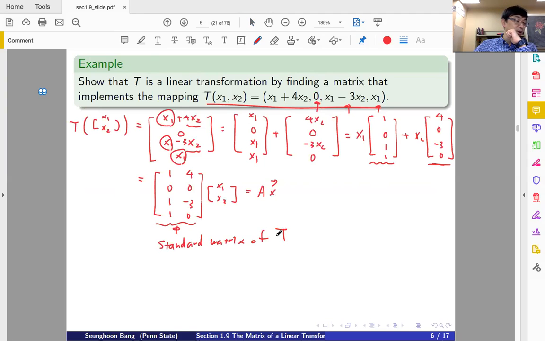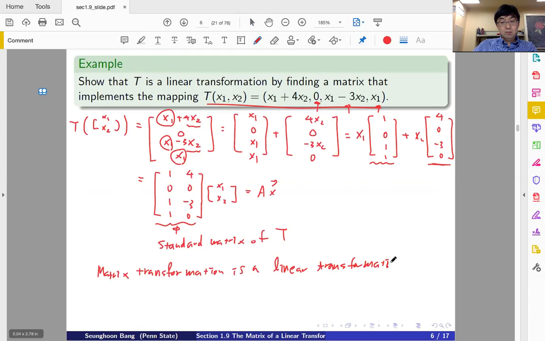So what does it mean? The matrix transformation is always a linear transformation, right? So we know the matrix transformation is a linear transformation. We can use this result.